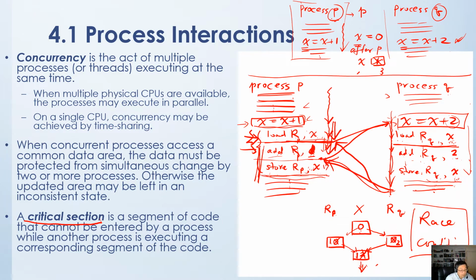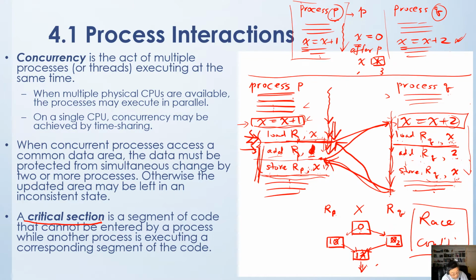So we define a segment of code as a critical section, and the critical section is not separable. That means when you do the time sharing, you have to let the CPU complete the critical section as one piece before you can switch to the other. You cannot switch in the middle of the critical section.